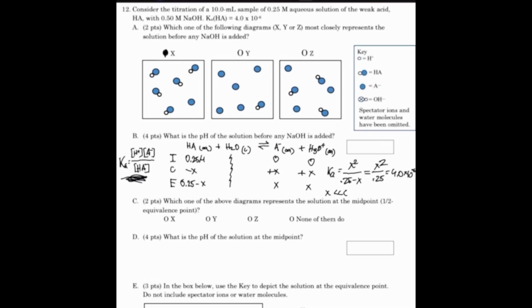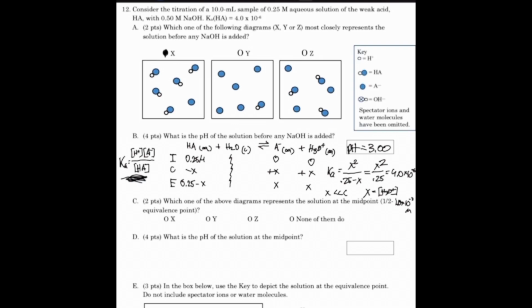By solving for x, which is equal to your H3O plus concentration, you find it to be 1.0 times 10 to the negative 3 molar. Then you take the negative log of that, and you find your pH to be equal to 3.